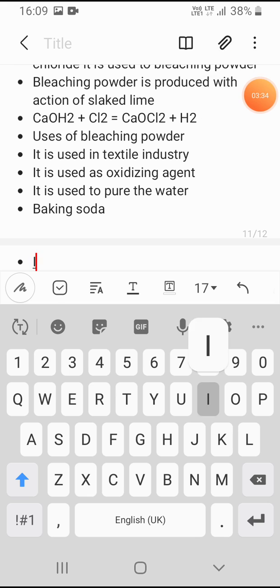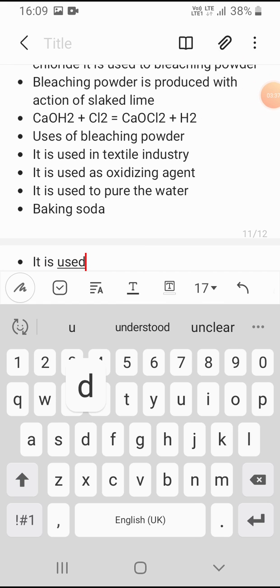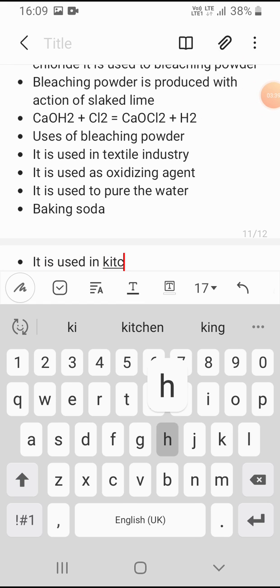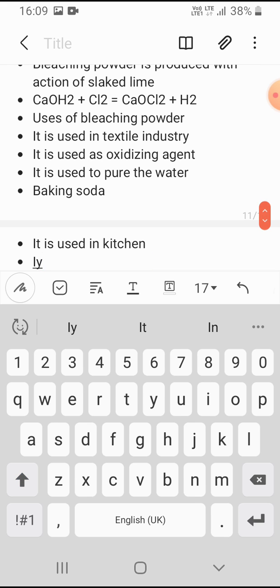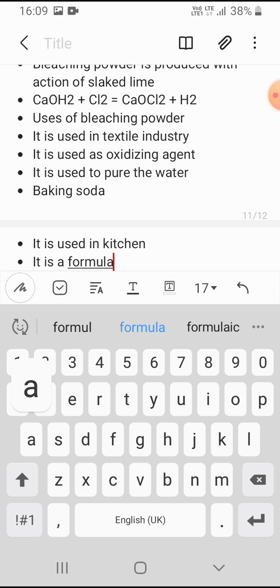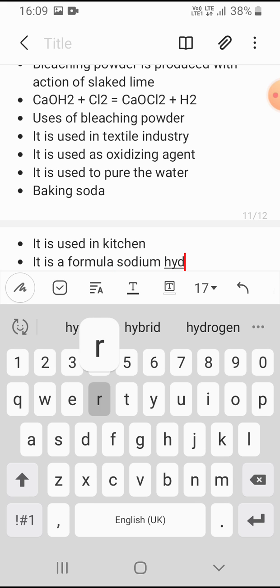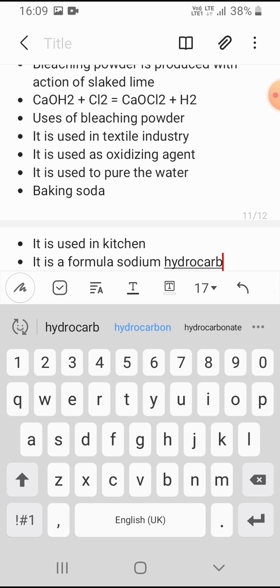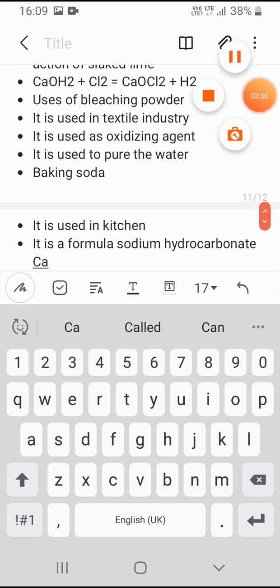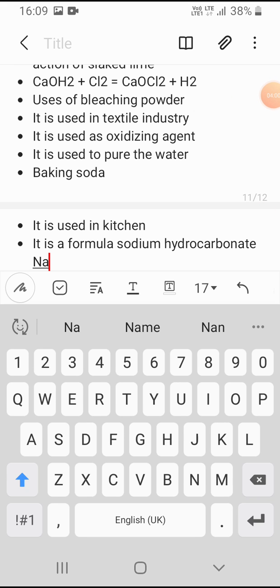Baking soda is used in the kitchen, as you know. Its name is sodium hydrogen carbonate, and its formula is NaHCO3.